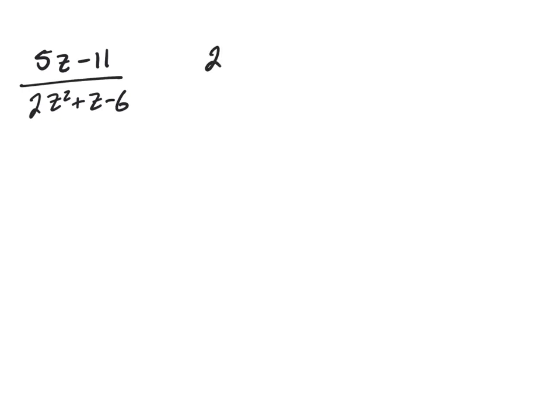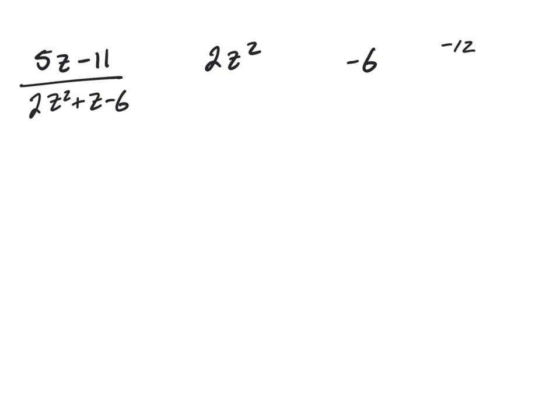So to factor this guy, 2z squared, I want to figure out our two values that when we multiply them together, we get a negative 12, but when we add them, we get a 1. So I got negative 12 from taking 2 times negative 6 there.